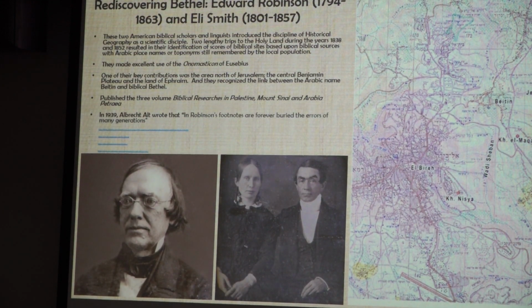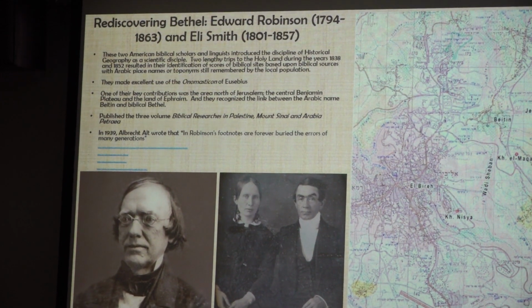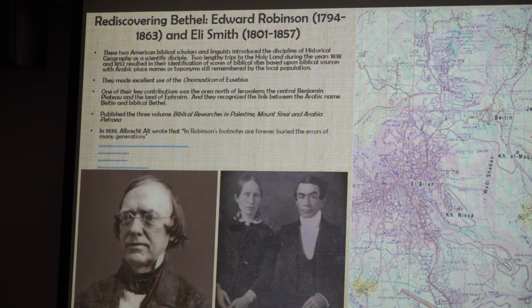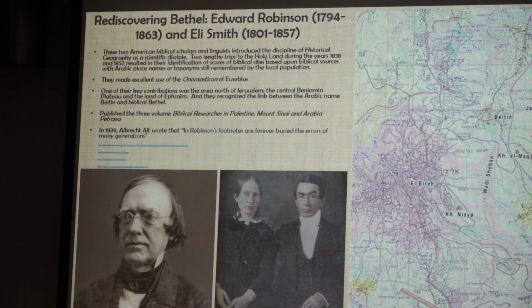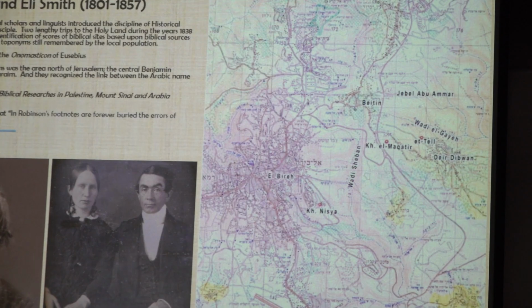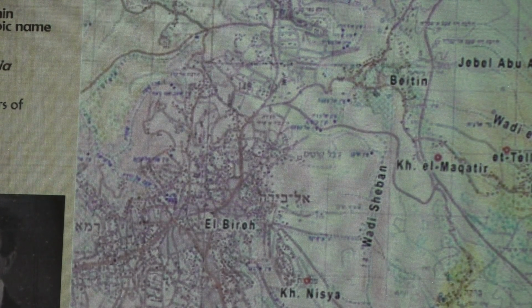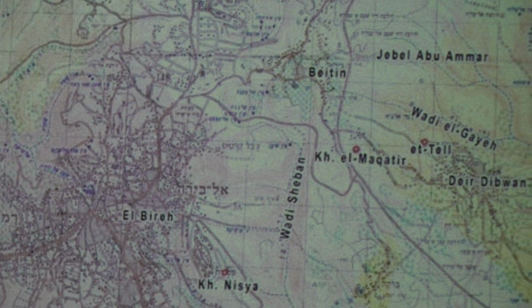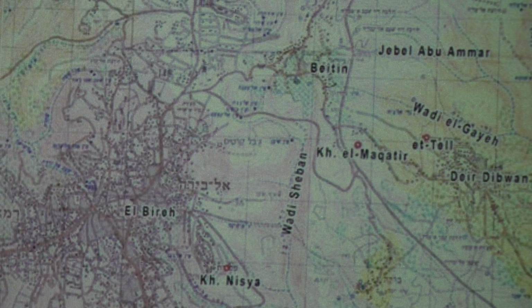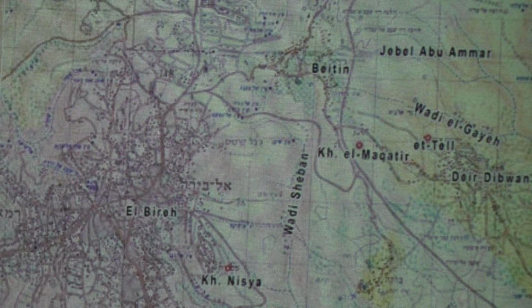So where is Bethel? Where is the site of Bethel? Well, again, all scholars identify Bethel with the site or the Arab village named Beitin. And the first ones to do that were these two men which we've seen before, Edward Robinson and Eli Smith. And they recognized when they traveled past Beitin that it was an Arabic corruption of the name Bethel.